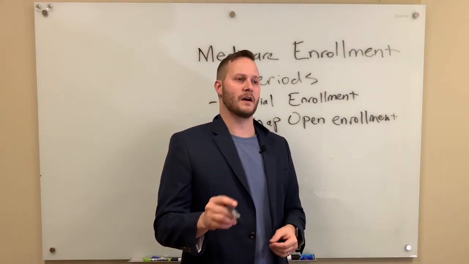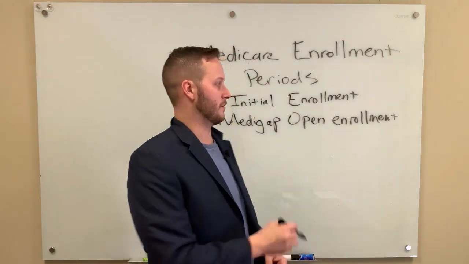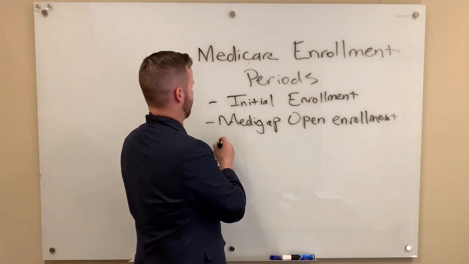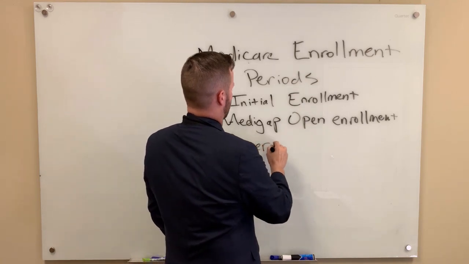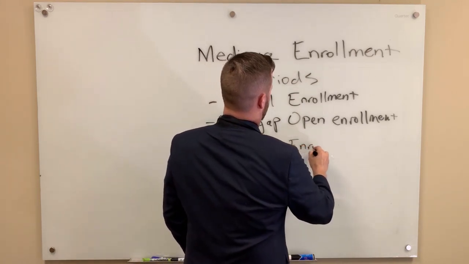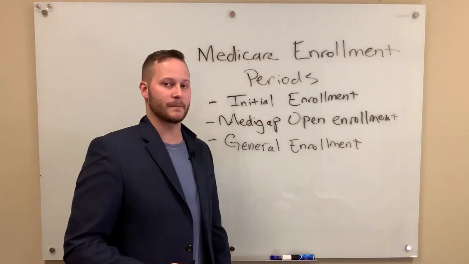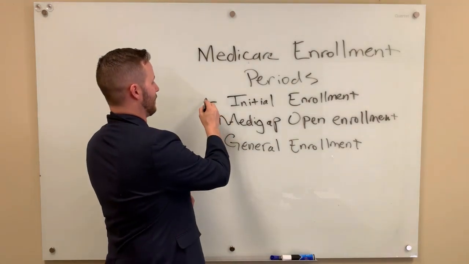The other enrollment period that's important to note that goes hand in hand with this would be the general enrollment period. Now, this general enrollment is actually used for people who miss this period.